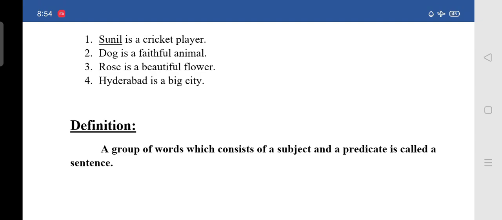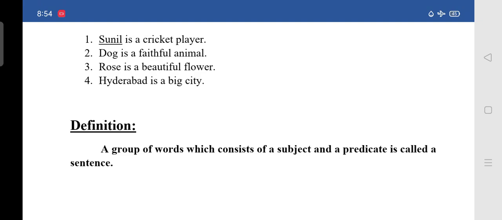I think you have understood till here, and I want you to write all these neatly in your notes. Also your homework is, I want you to write a few sentences on your own and send them to me without fail. Don't take big sentences, try simple ones.